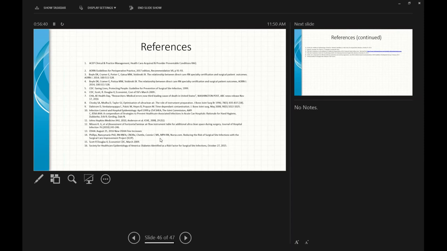When you have fluids on a table, they're usually used for irrigation, and they should be immediately poured and be immediately warm, so that you're not cooling the patient, because the temperature of the patient is one of the factors of increasing the surgical site infection. But I'm not sure that any of those studies that I've read had used any fluids.